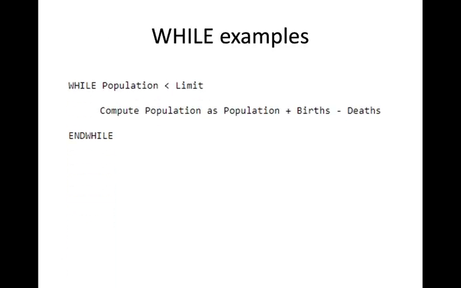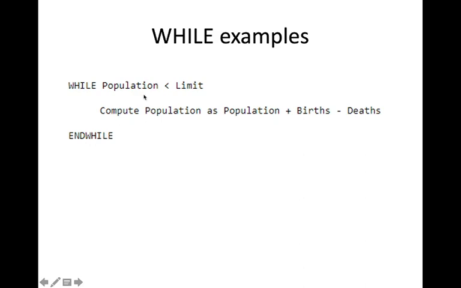Okay, so that's the while construct. I'll show some examples. You should write like this when you use the while construct. If you want to use a loop in pseudocode, you can use this while construct. While population less than limit, compute population as population plus births minus deaths, some formula like this, and end while.